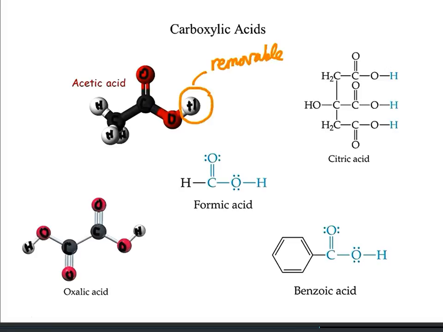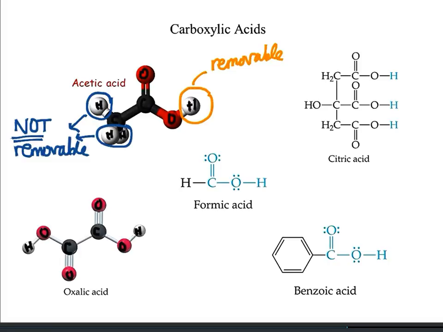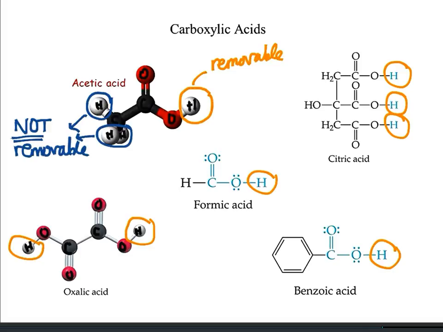So if we circle all of the labile hydrogens, these hydrogens over here on acetic acid that are connected to carbon are not removable. They do not come off. That's also true for the one attached to formic acid, the one in dark in black. The orange ones that I'm circling here are all the removable hydrogens. Any other hydrogens you see are not removable.